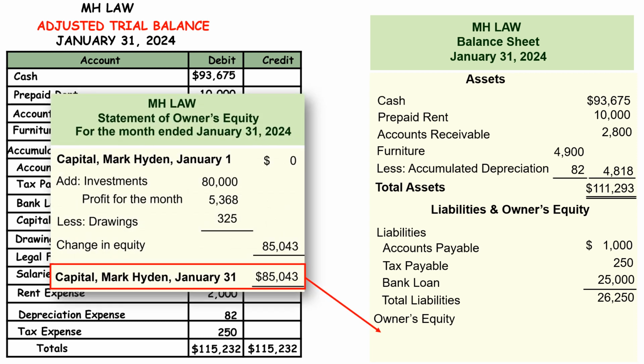So here is the statement of owner's equity that we prepared a few minutes ago, and the end result of that statement will become part of the balance sheet. This should again show you the linkage between the statements. We cannot prepare a balance sheet before the statement of owner's equity because we need the ending balance in the statement of owner's equity. So let's copy that figure here.